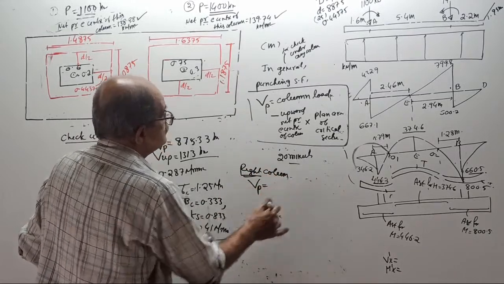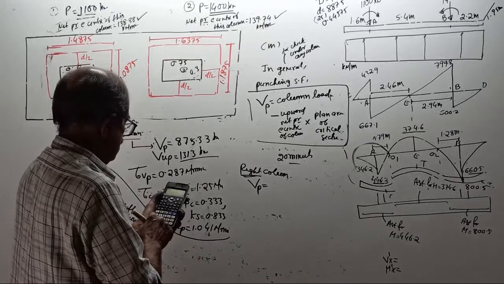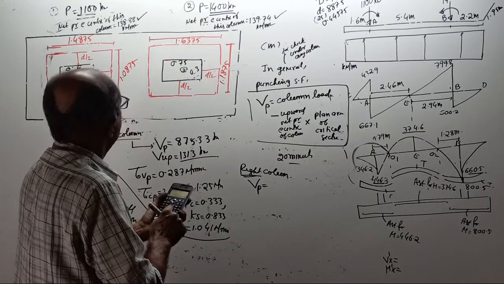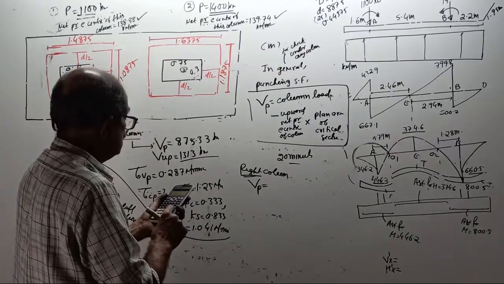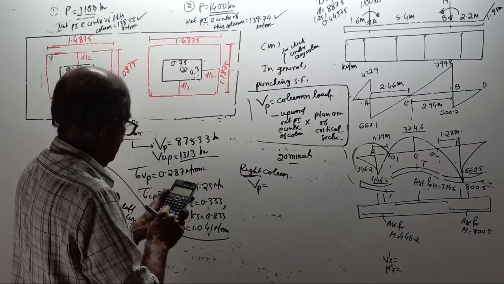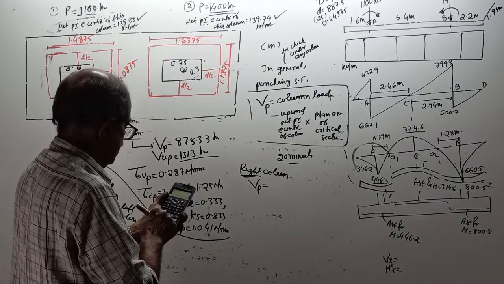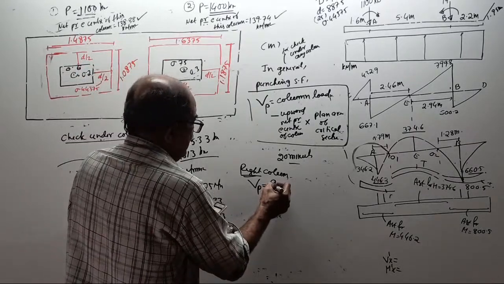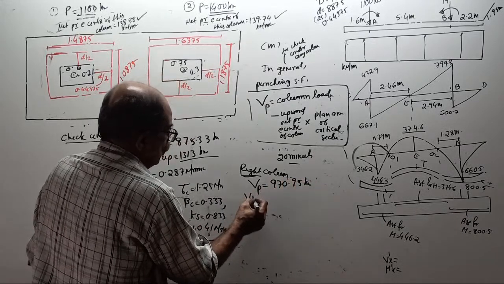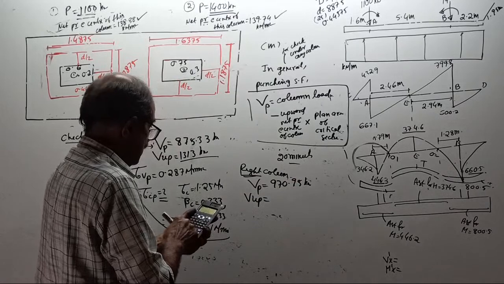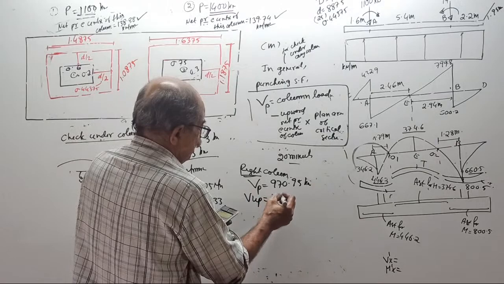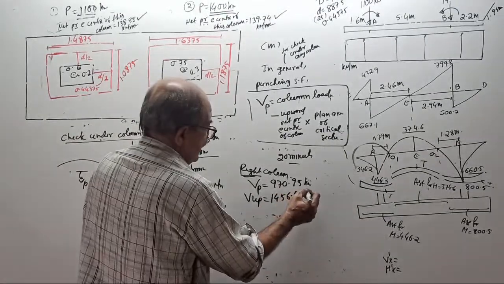Vp equal to 970.95 kilonewton. VUP equal to 1456.43 kilonewton.